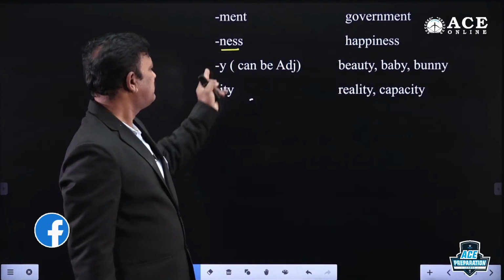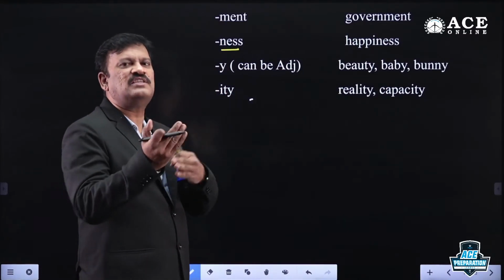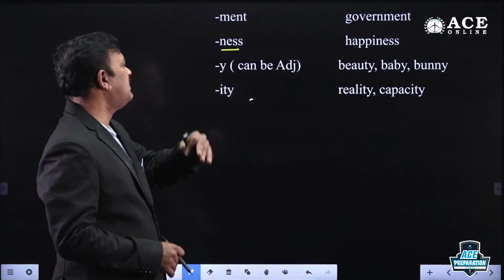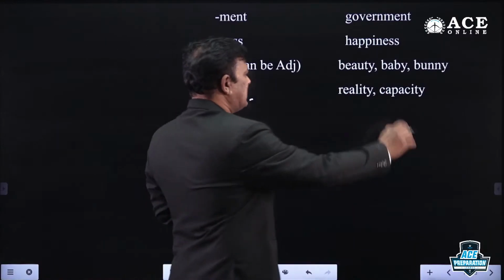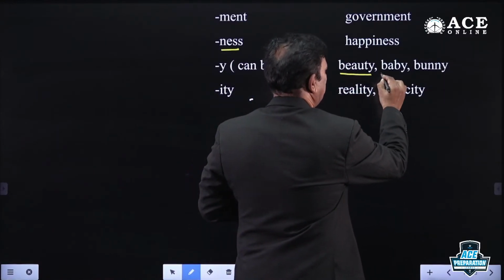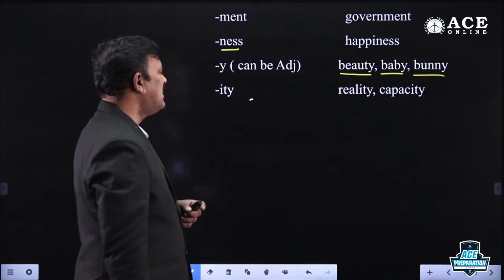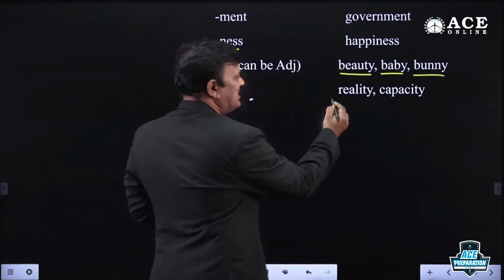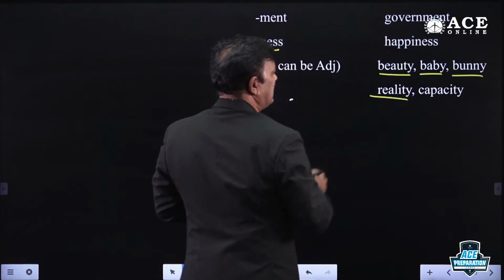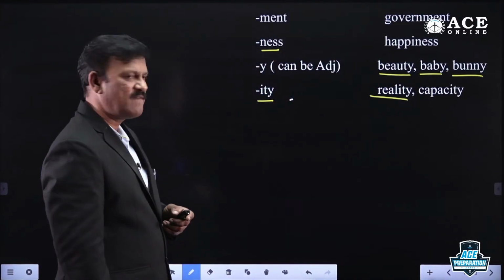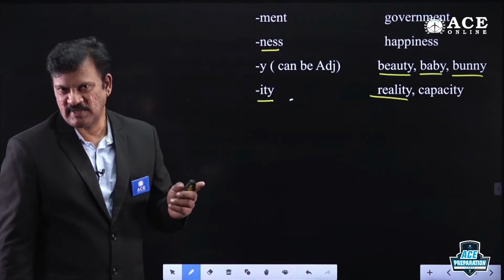Y: sometimes Y can also be used in an adjective, that we'll see when it is used in a sentence, but this can be a noun. Beauty, of course, it's a noun. Baby, bunny, these are all nouns. Reality, ITY: reality, capacity, capability, something like that. Try and give me some more words based on this.